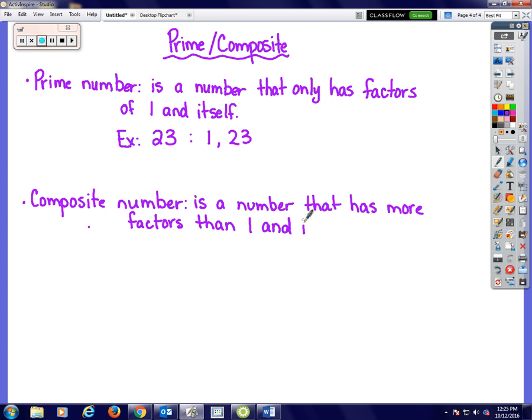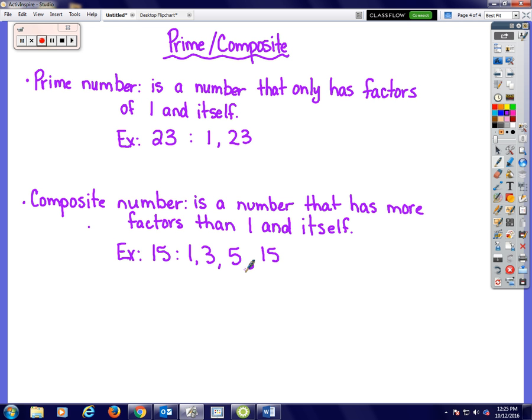So, an example of this may be the number 15, because it has 1 and 15, 3 and 5. So it has more than just 1 and 15, which makes it a composite number.